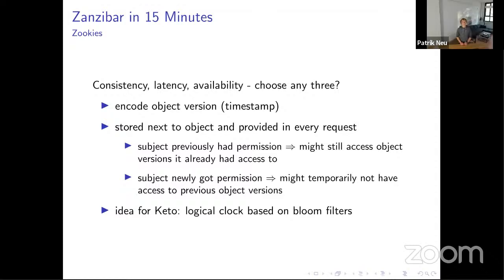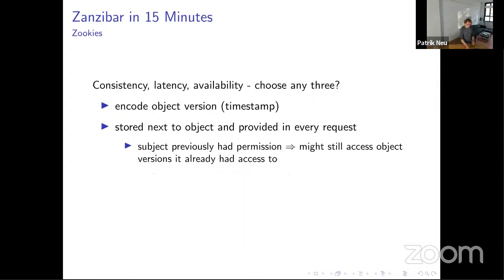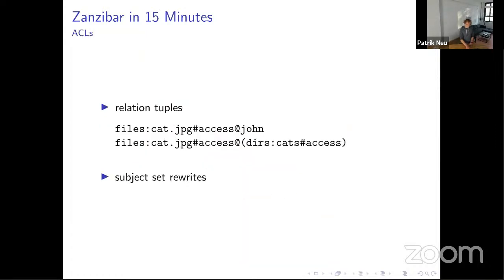Yeah, so in the paper, they just say that they have tables for each namespace and store the tuples. I can just go back to the tuples here. Basically, the namespace would be the table name or mapping to a table name. Then you have the object column, the relation column, and the subject column.